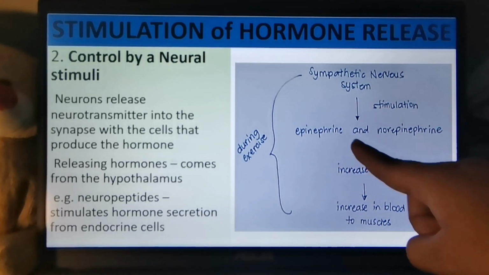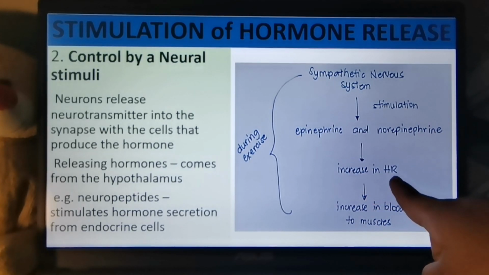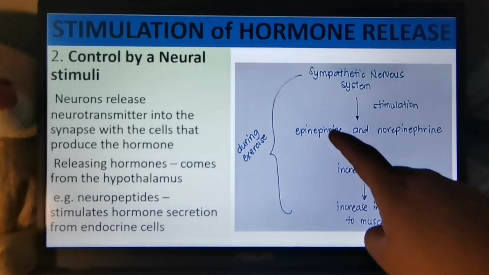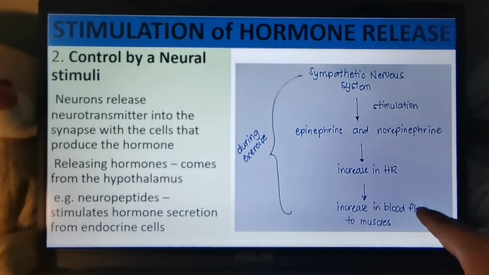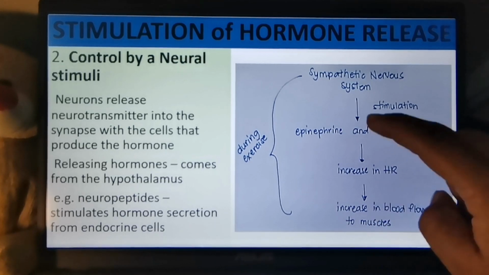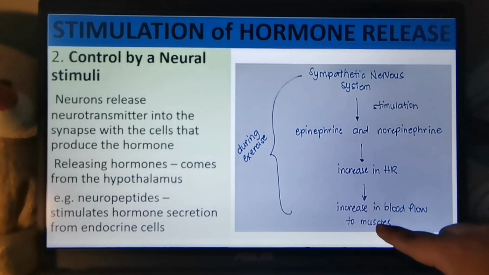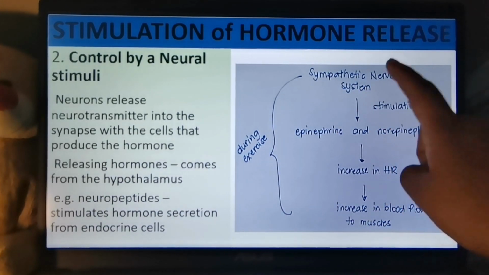Meron tayong epinephrine and norepinephrine hormones. These hormones increase our heart rate. Kaya pag ikaw ay nag-e-exercise, ang heart mo rin ay nagpapump ng malakas. Pag nag-increase ang heart rate mo, there is increase in blood flow to your muscles. So, ang oxygen requirement, ang energy requirement ng muscles mo ay nami-meet para makaya mong mag-exercise dahil ang brain mo ay nag-react na sa ginagawa mo.